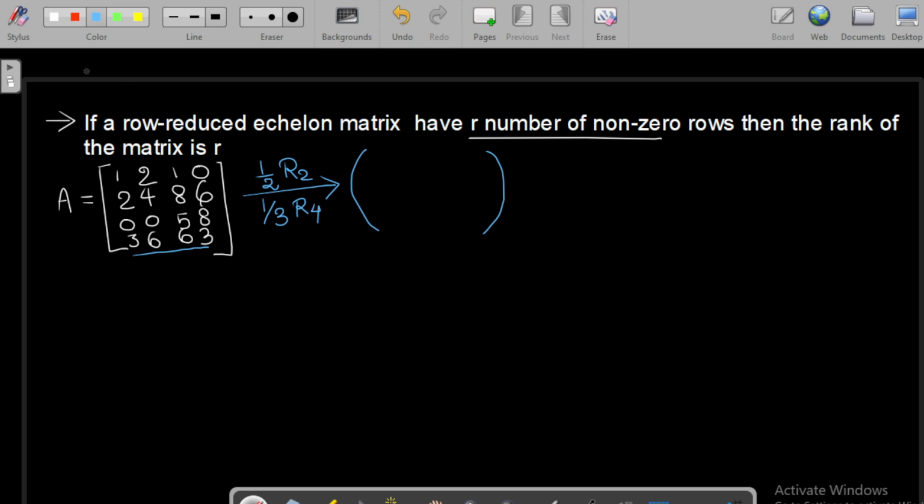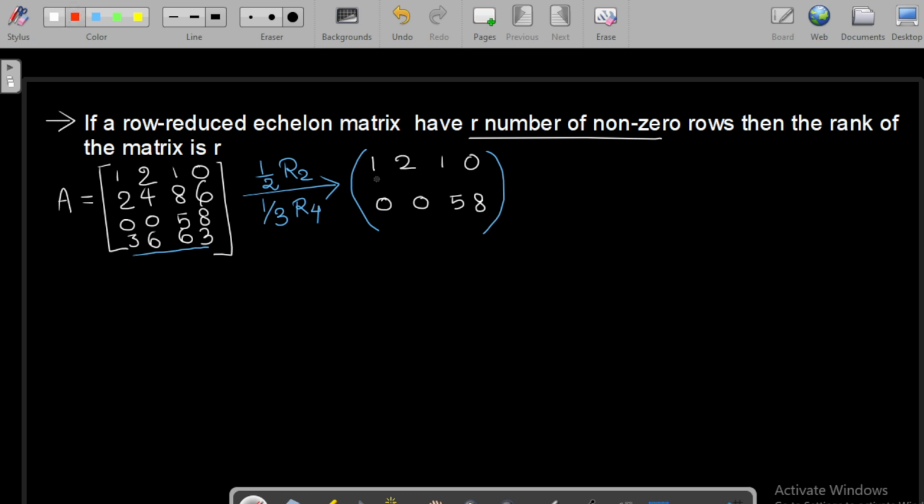Well, the second row is divided by 2. The first row remains the same, 1 2 1 0, and even the third row remains the same, which was 0 0 5 8, and the second row is divided by 2.